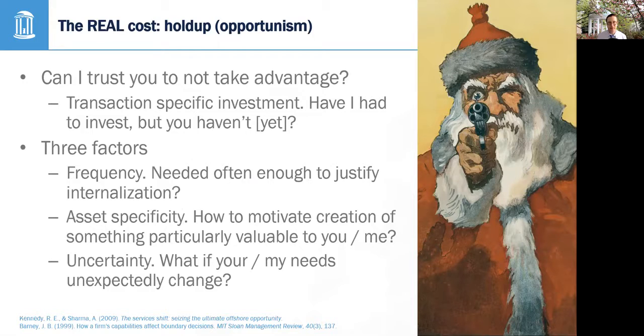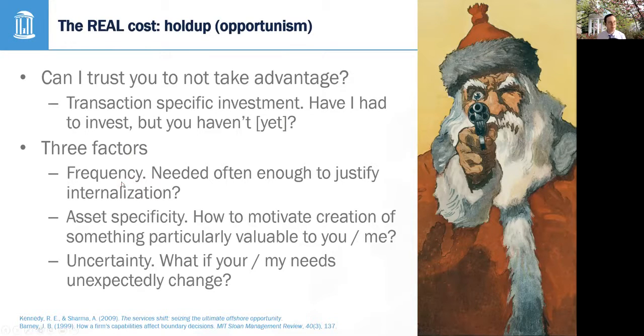And the question there is, if I've already sunk this cost into investing in something that's uniquely valuable to you and not valuable if I work with anybody else, what is going to stop you from renegotiating terms to take advantage of me? There are three factors that increase this risk of holdup. And with higher levels of holdup, it makes more sense to organize those synergies and investments within a firm.